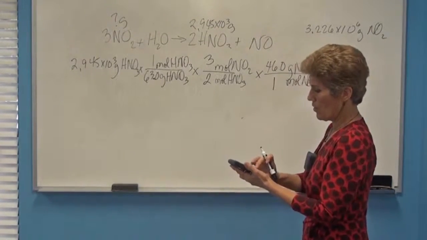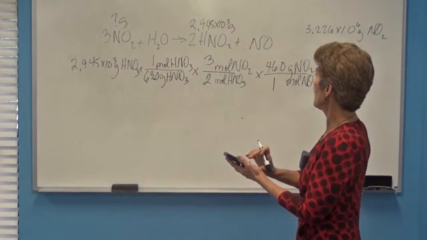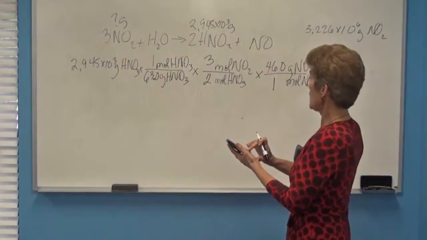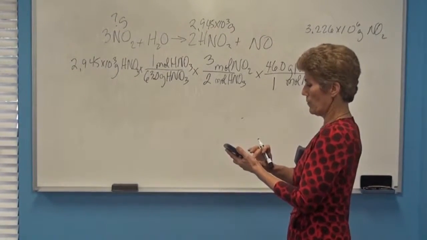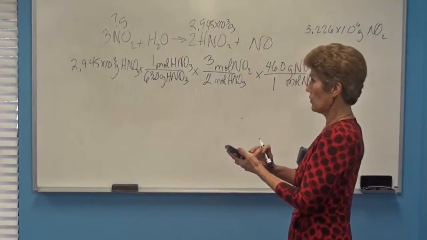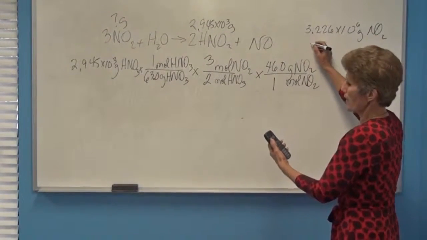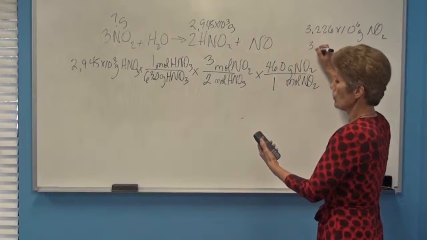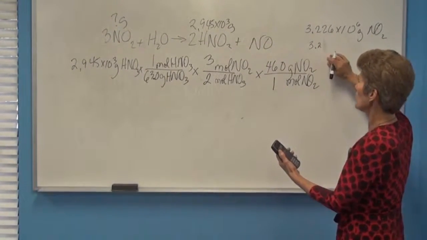If I do it all together, I want to see if it's different. 3 times 46 equals, divided by 2, divided by 63 equals, and the answer I got, 3.23. Nope, I need 4 significant figures.